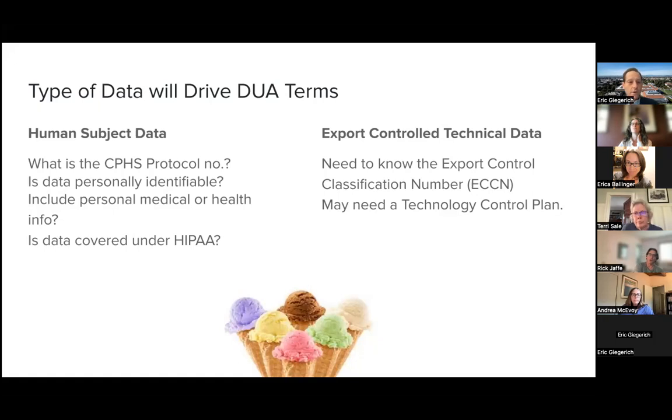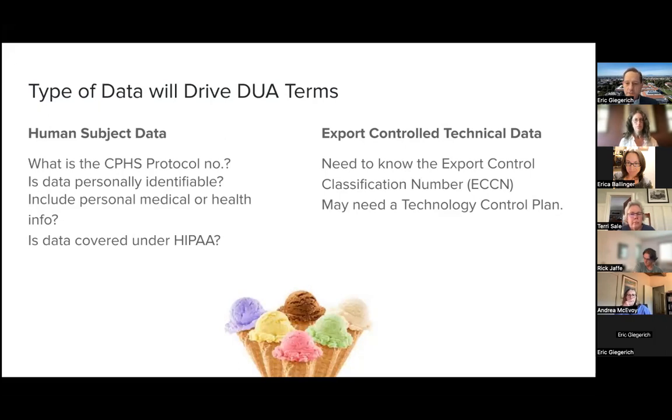We'll need to know the protocol number. We'll have to ask whether the data is personally identifiable or if it can be de-identified. The question is, does it include personal, medical, or health information? And is the data covered by HIPAA?